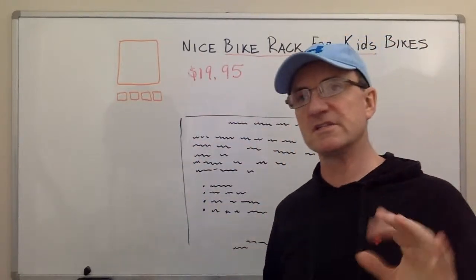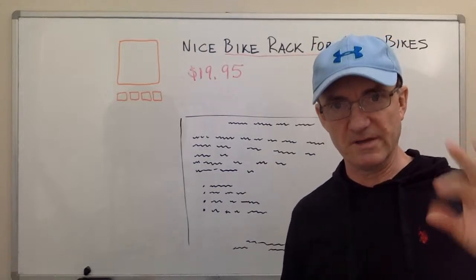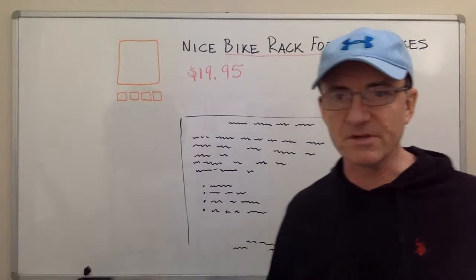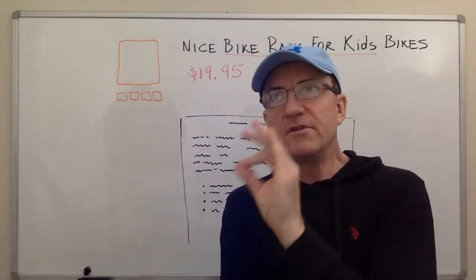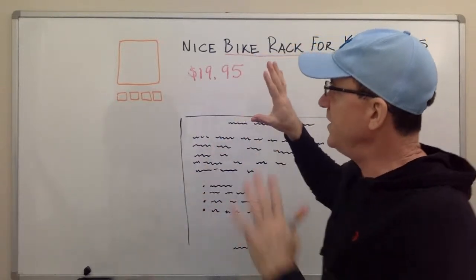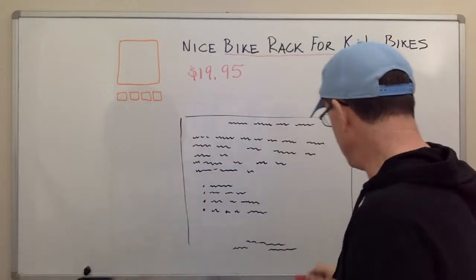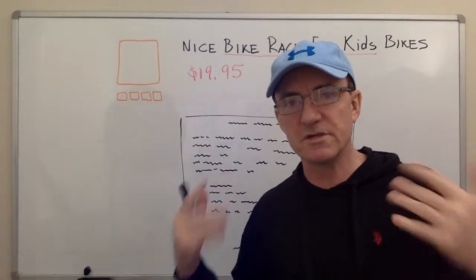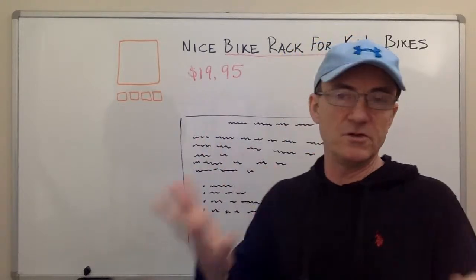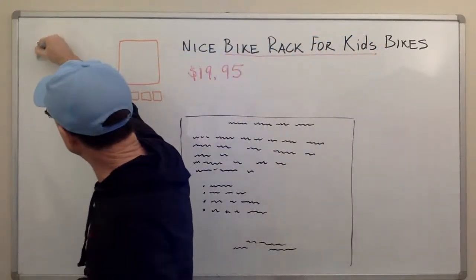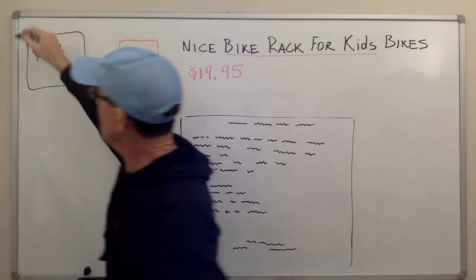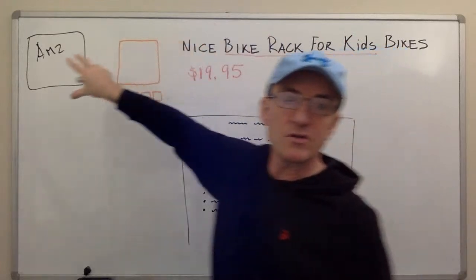Okay, so here is the secret sauce you can do with every single listing of yours. It's very simple actually. You have to understand how we are doing this. We have our supplier. Who is our supplier for eBay? We take from Amazon, right? This is Amazon, and the same bike rack we got on Amazon.